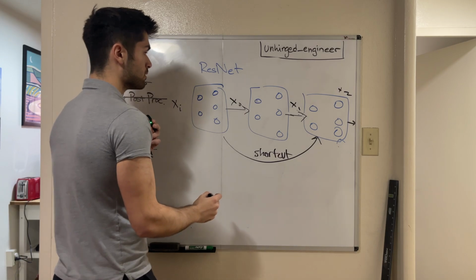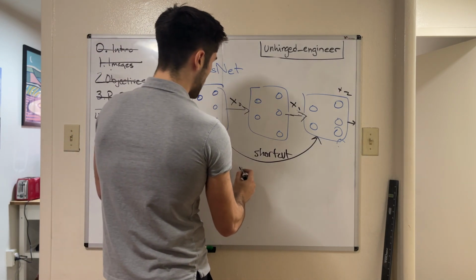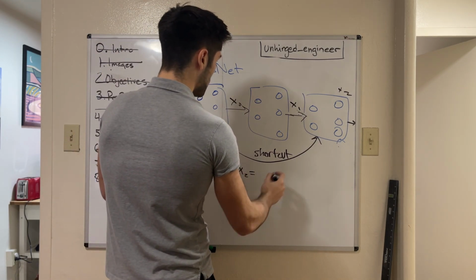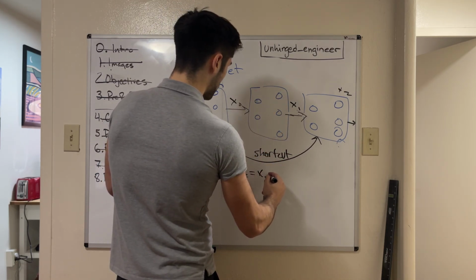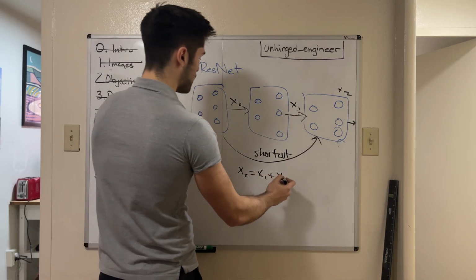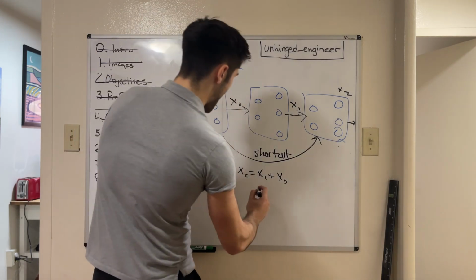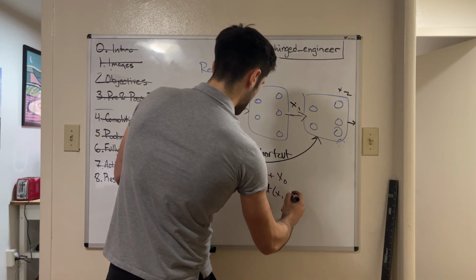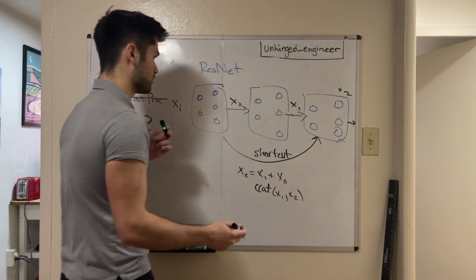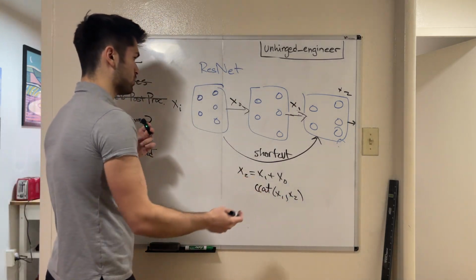What you can do is you can say, okay, let's make x2 be the output of this layer plus the output of a previous layer. You can also concatenate them. Both of those are used in different circumstances, right? For the most part, it's addition here.